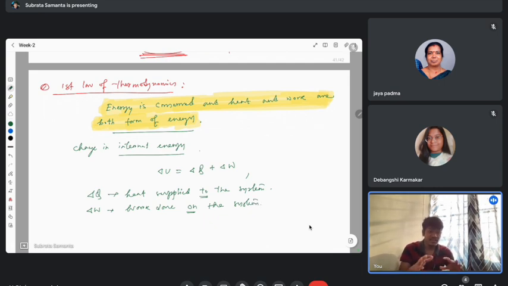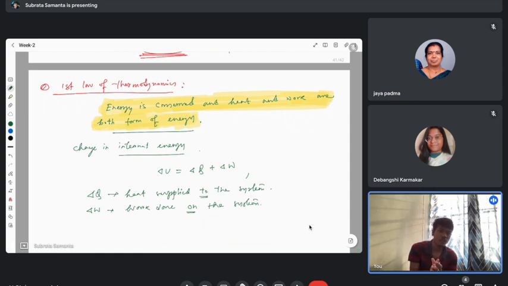When we change some energy, energy is actually stored in the system, right? So we put some heat into the system, or work is done on the system. Similarly, suppose you warm your hands. Rubbing your hands, you do some work on the system, where the system is your hands.